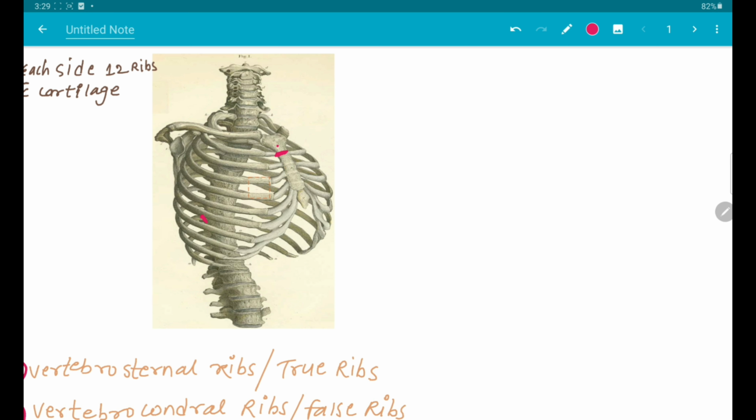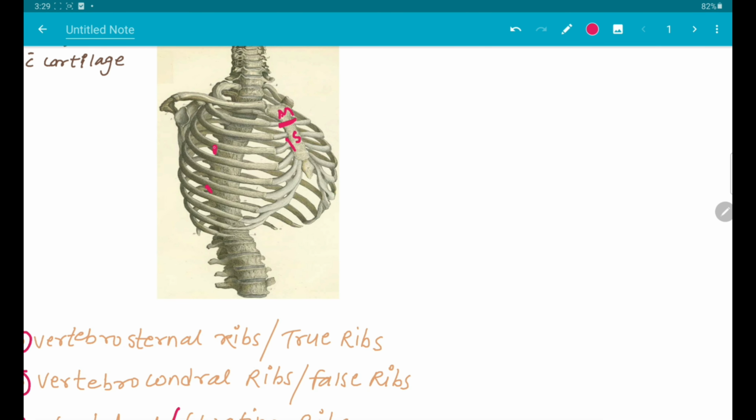This is the manubriosternal joint, and this is the costovertebral joint, where the ribs join the vertebra.